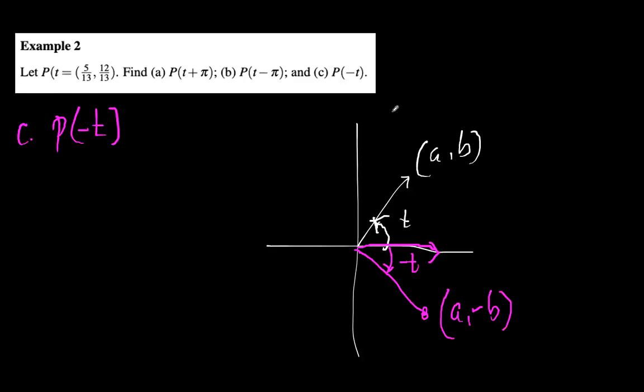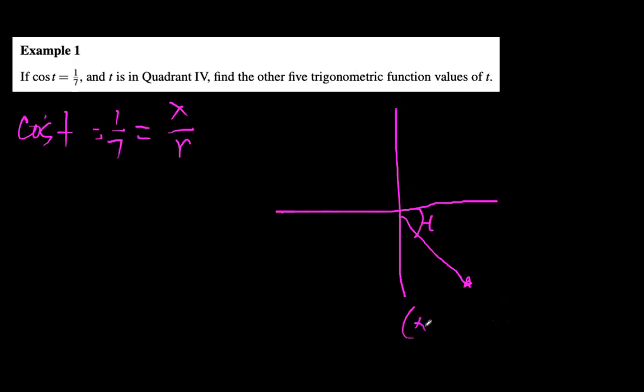Alam na kaagad natin, di ba? And better if we're going to sketch the graph para makita nyo kaagad. And the angle T is in quadrant 4. So, nandito daw yung angle T. So, dito yung point natin, XY. Ayan. Ang tanong ay, ano yung point nito?